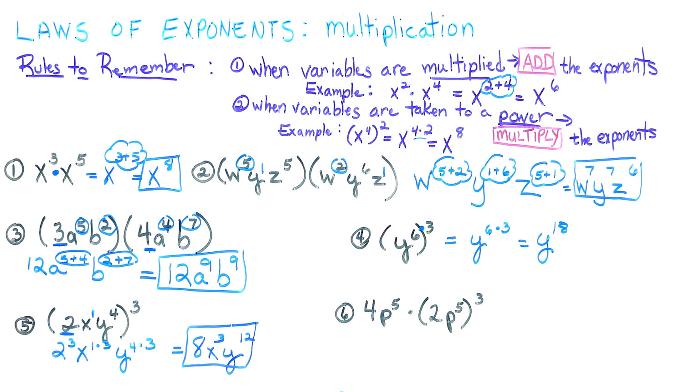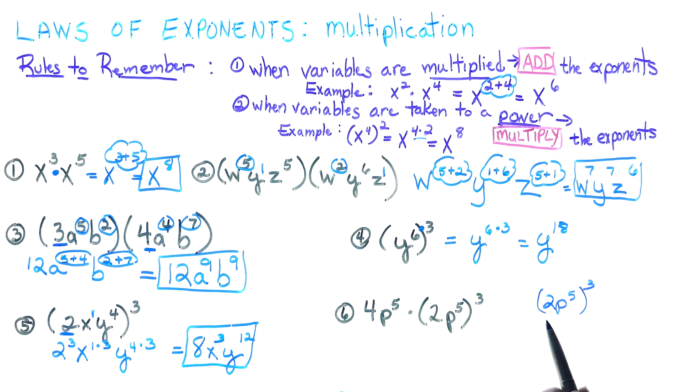When you have a problem that looks like number 6, you have to do the order of operations. So we know that exponents come before multiplication. So we're going to need to simplify 2p to the 5th, to the third power. So I'm going to do this work on the side. I'm going to just copy it so that you can see it.